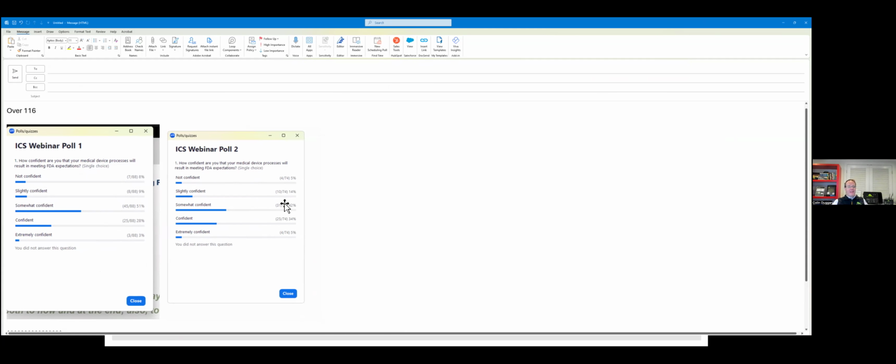The somewhat confident went down, and I don't know if that's because people moved over, but we did reduce not confident, and you have people moving into the slightly confident category. So I'm going to say, Milton, we did okay, if we want to declare victory here. I'm going to go along with any declaration of victory because I should.